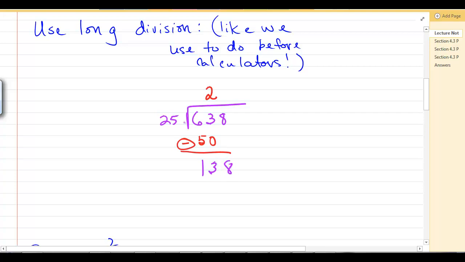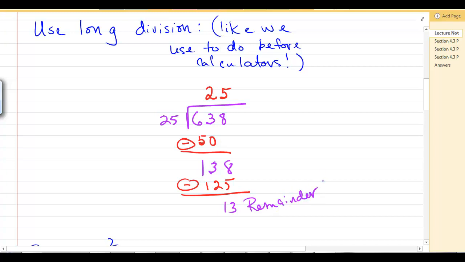So now we repeat the process, 25 into 138. And that goes about 5 times. So we're going to put the 5 here, repeat our process of multiplying, subtracting, and then we have 13 left. And what is 13? That's our remainder.